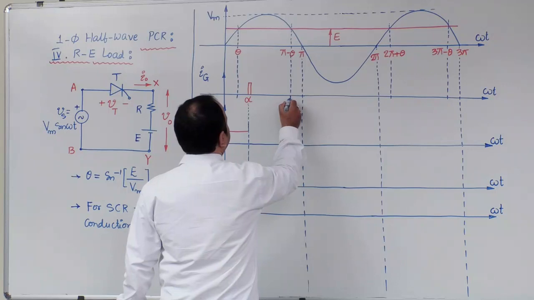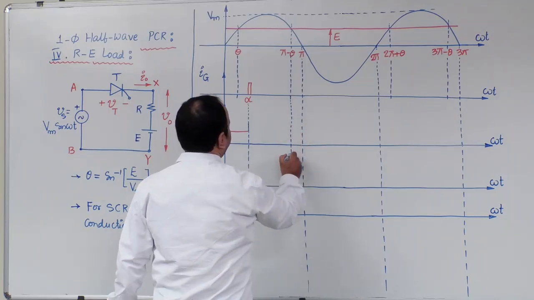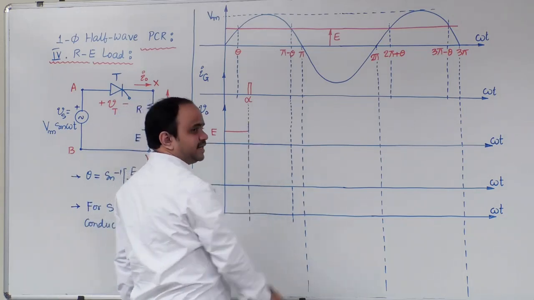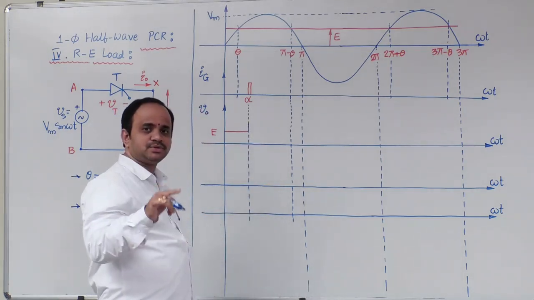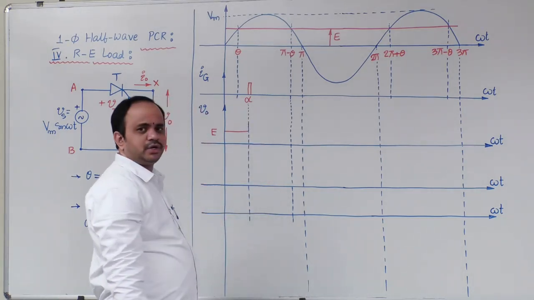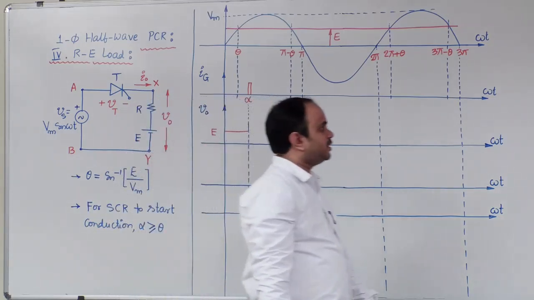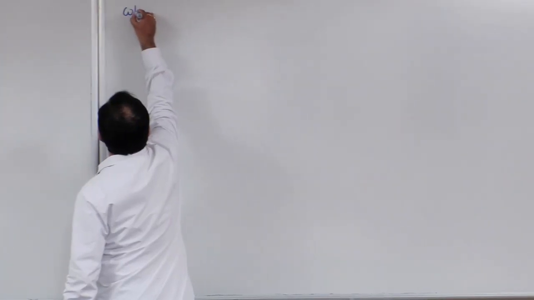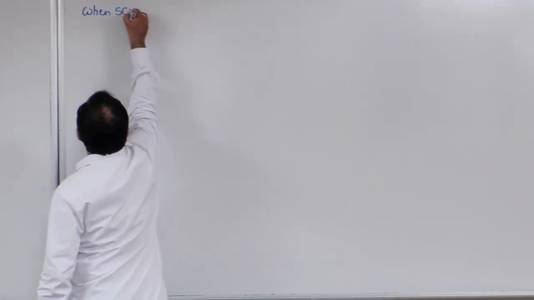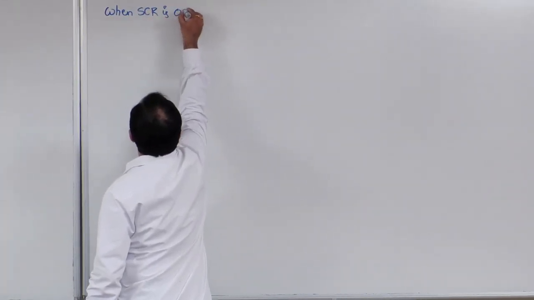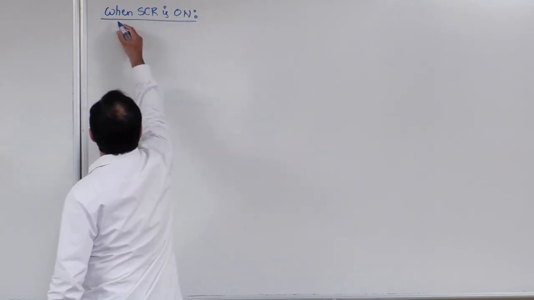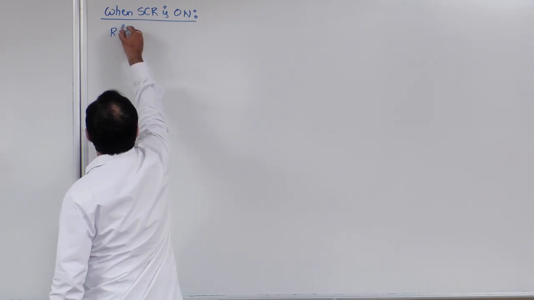Next, that means SCR will start conduction from alpha. Up to what instant will it conduct? In order to see that, we need to look into the current equation. Suppose when SCR is turned on, what is the basic circuit equation?